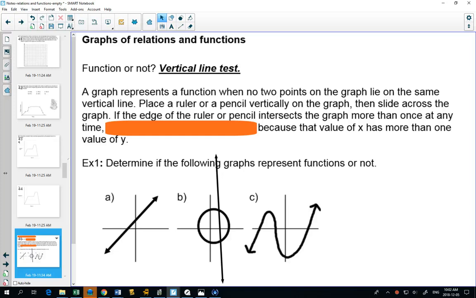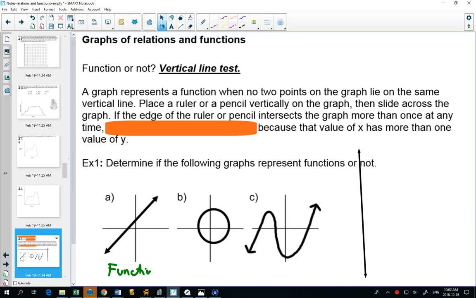This next one, as I go through, do I ever hit the graph more than once? Ooh, it's close. But it doesn't look like I hit the graph more than once. So that would be a function. So we could say this first one is a function. The second one is not a function.